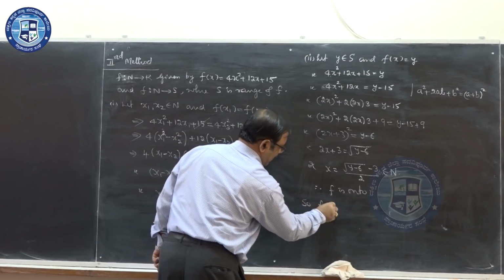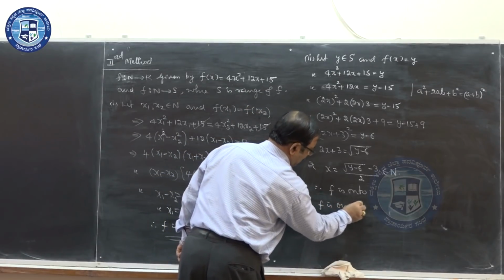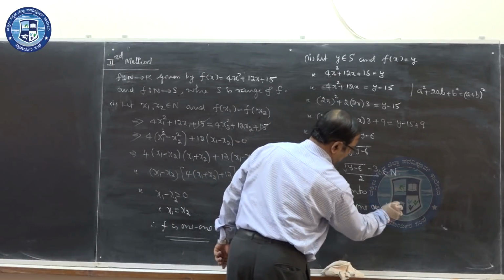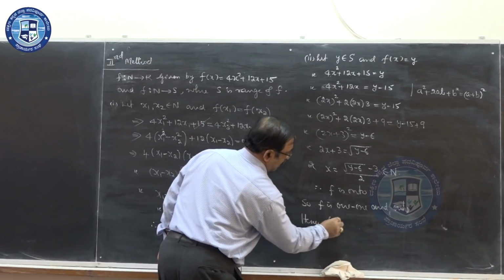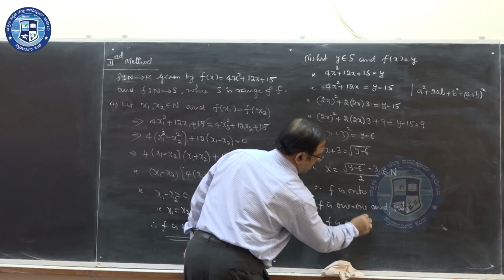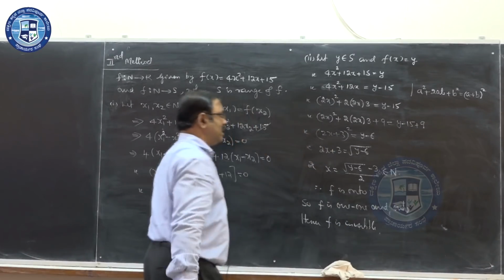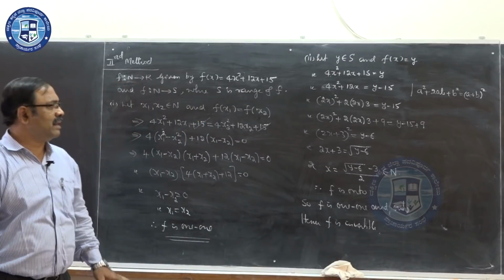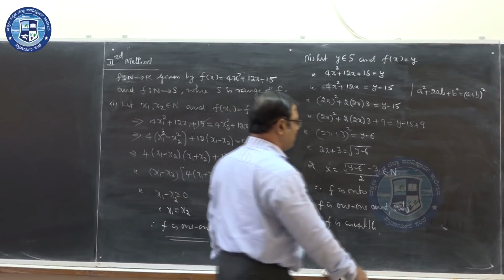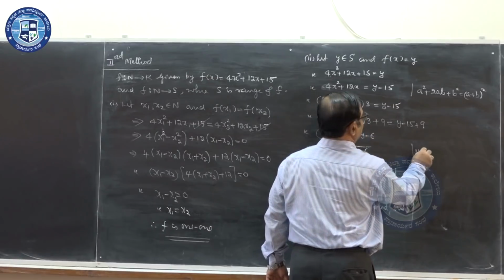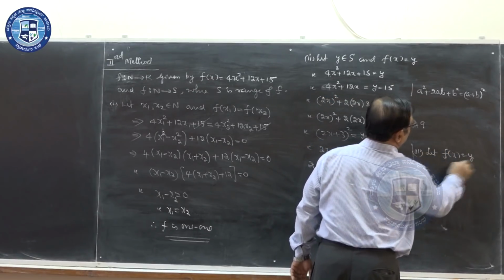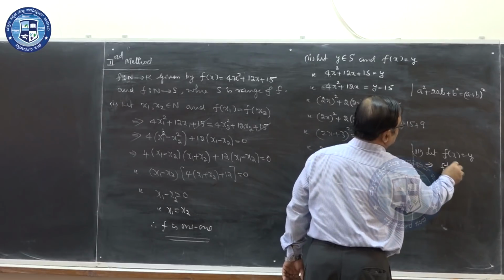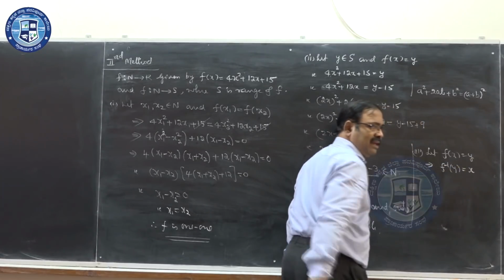So, f is one to one and onto. Hence, f is invertible. Next, you can find the inverse. Let f of x equal y, which implies f inverse of y is x.